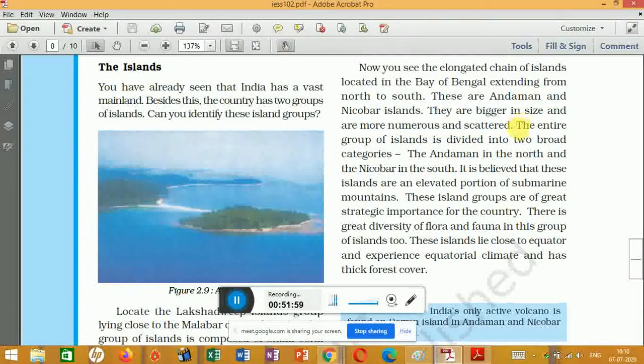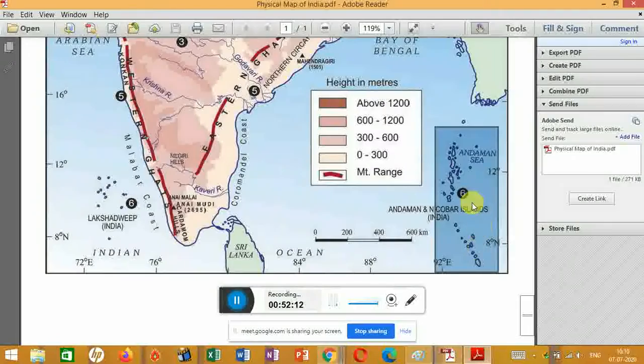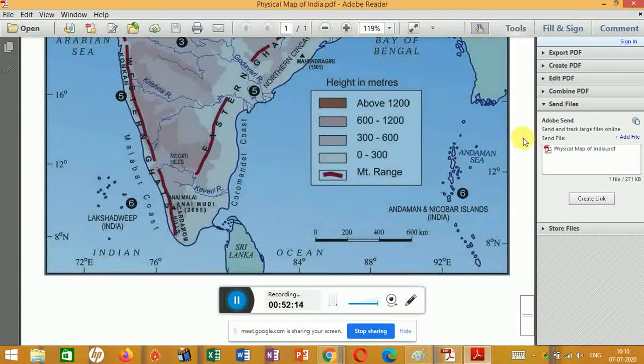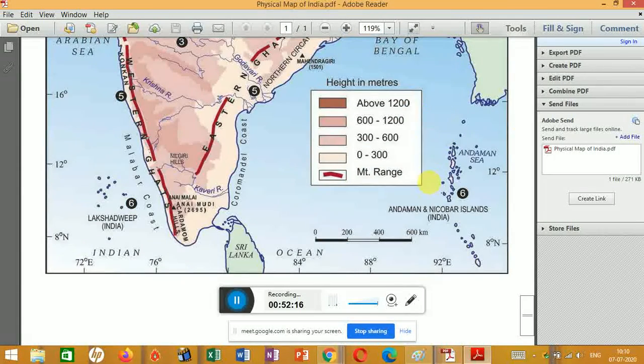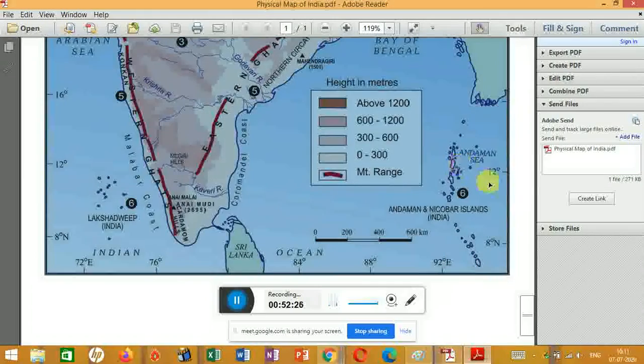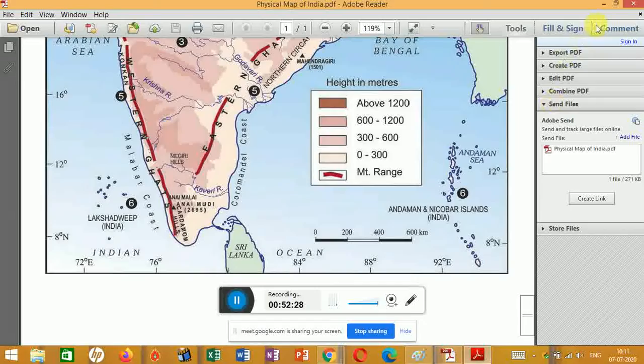The entire group of island is divided into two sections: the Andaman in the north and the Nicobar in the south. See here, this is known as Andaman group of island, and this is known as Nicobar group of island. Andaman in the north and the Nicobar in the south.